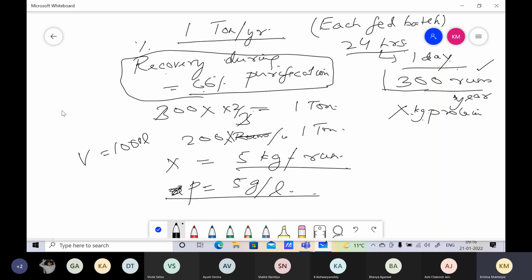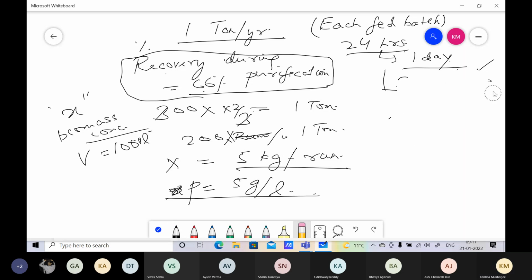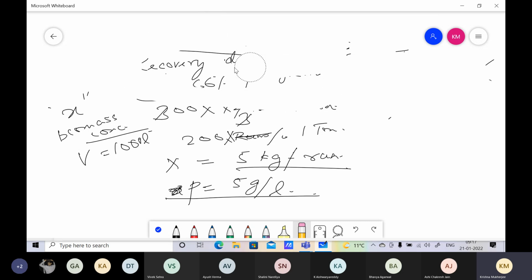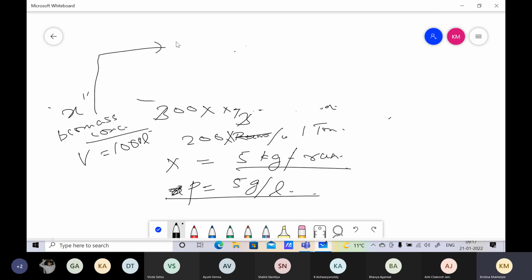Then what should be your X, which is the biomass concentration? What should be the biomass concentration? Now, for that, this very simple question that you must have always handled reasonably well. We are talking about biomass concentration in terms of dry cell weight.